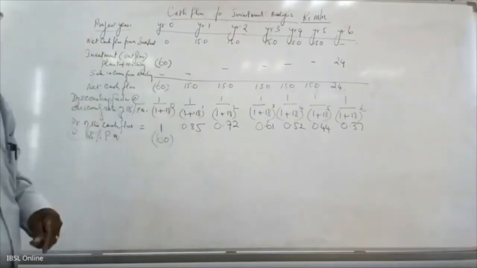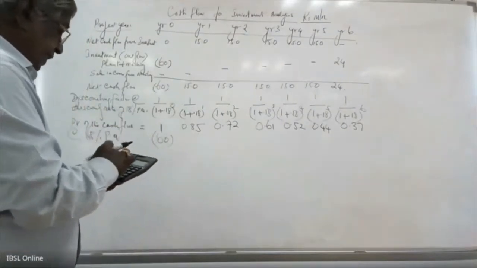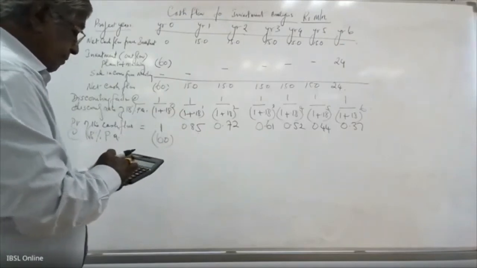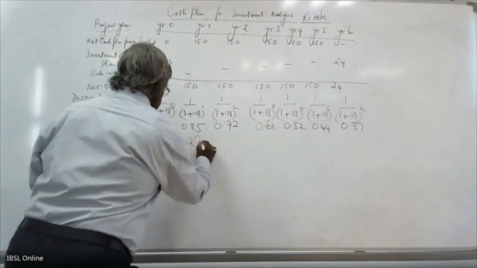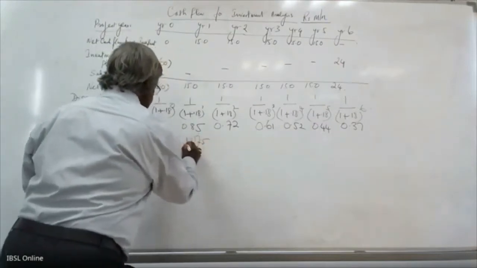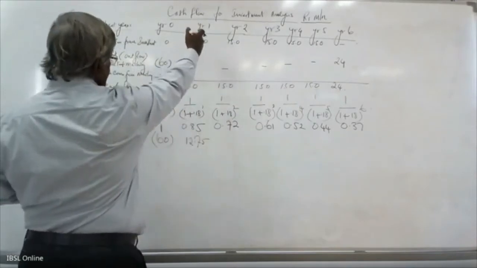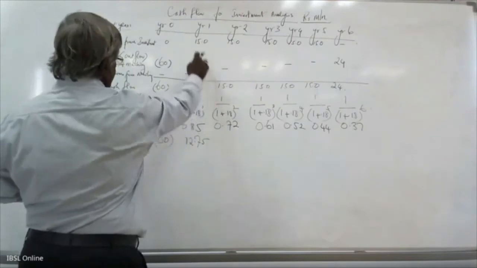Now multiply: 15 into 0.85 is 12.75. This is the present value at the end of year 1, for the future value of year 1.